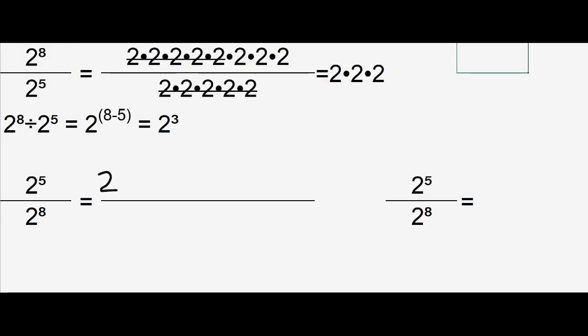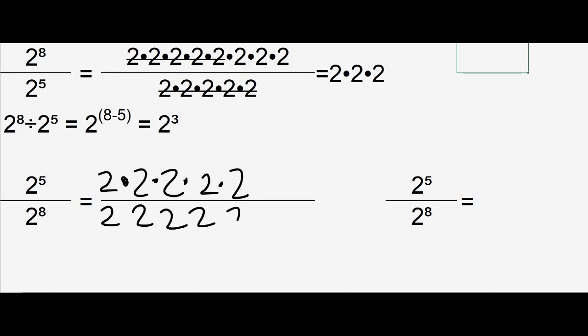I'm going to rewrite the numerator as 2 times 2 times 2 times 2 times 2. And then my denominator, I'm going to multiply 8 2's together.